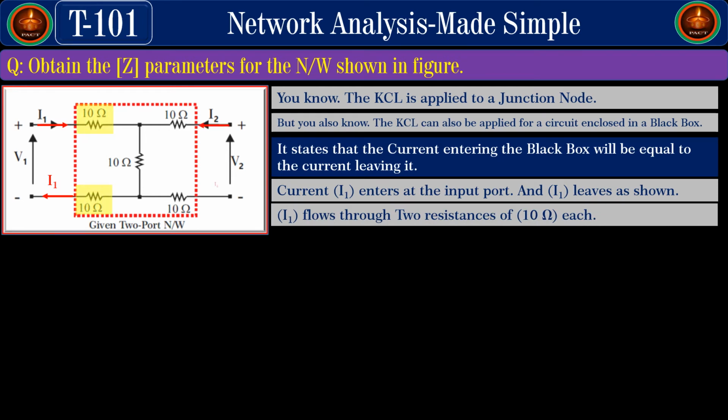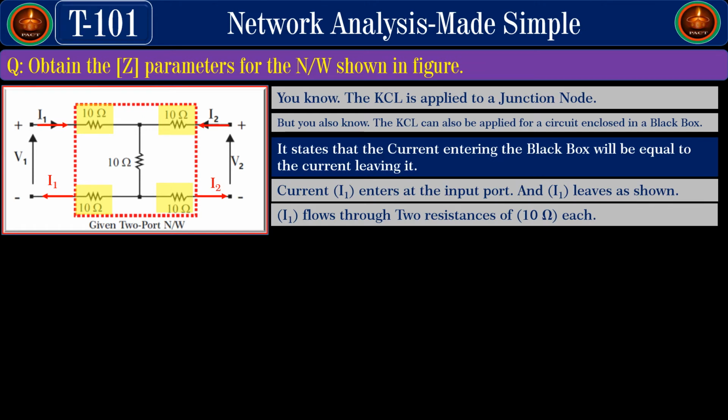Similarly, current I2 enters the black box and I2 leaves the black box. But the more important point to note is the same current I2 is flowing through these two 10 ohm resistances. Now, you know, the current flowing through series connected resistances will be the same.